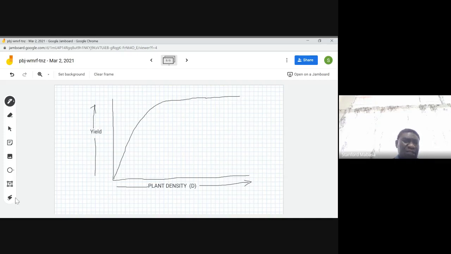And at this point, probably we're having the maximum, optimum plant population, sorry. And this is also a hyperbolic graph, a rectangular hyperbola. We may write an equation to represent this graph.